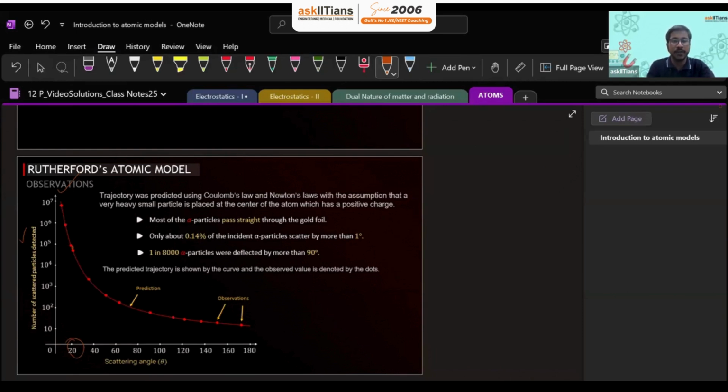But the majority of the alpha particles, like 10 raised to 7, you can find very close to 0 degree angle. So they are very close to the initial path. That means they are getting undeviated. If their scattering angle is almost equal to 0, then they are not getting deviated much.